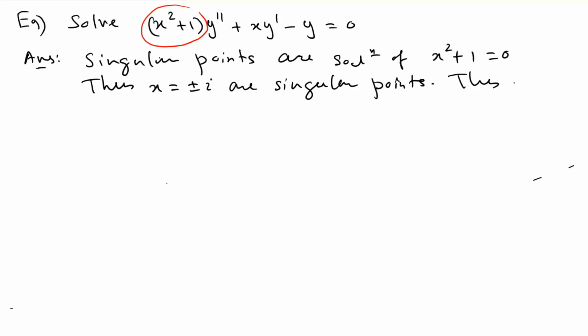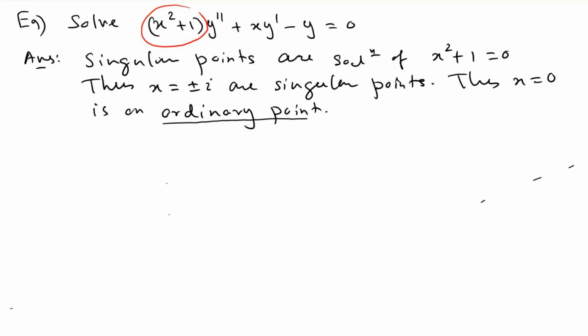Thus x equals 0, which is not equal to these, is an ordinary point. So what we can do is look at the solution near that point.